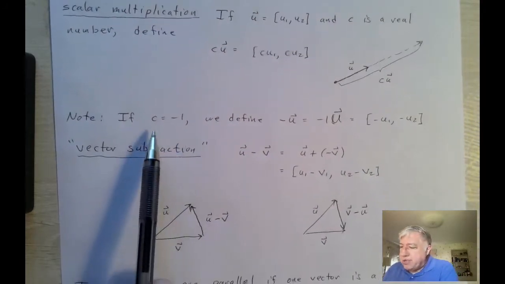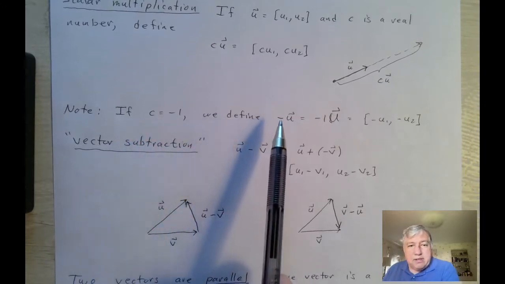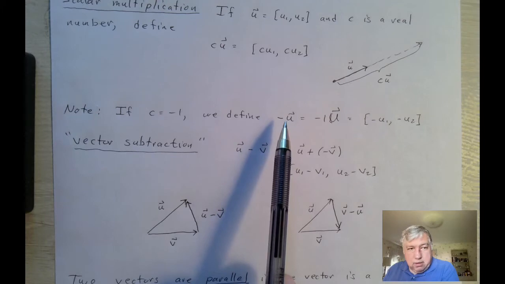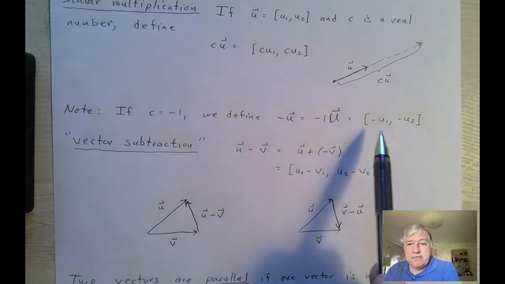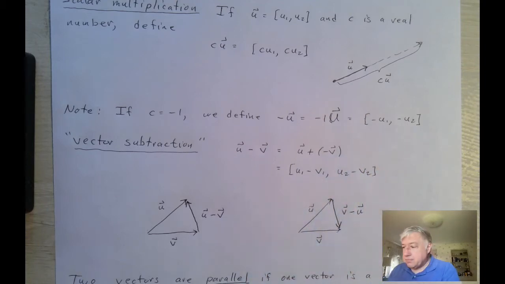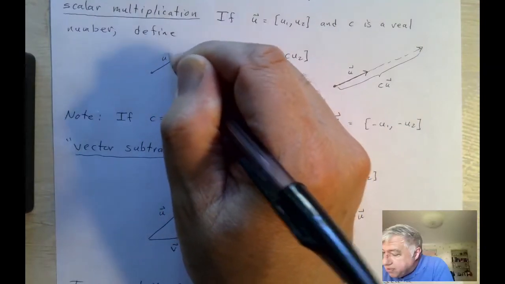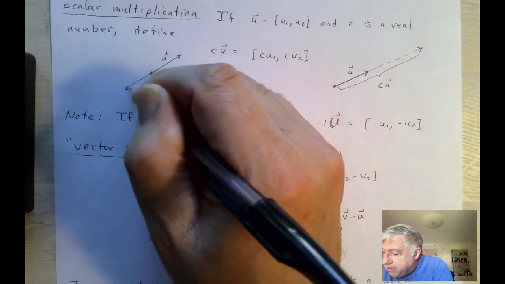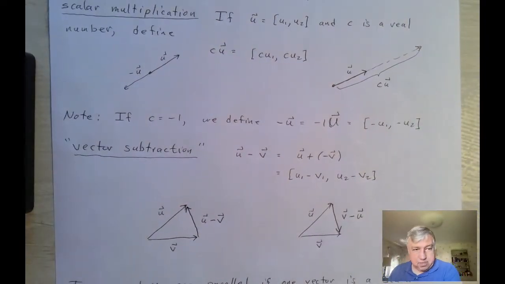The note we see here is that if c is -1, negative u is just -1 times u, the vector negative u1, negative u2. So if u points this way, then negative u points in the opposite direction, with the same length.